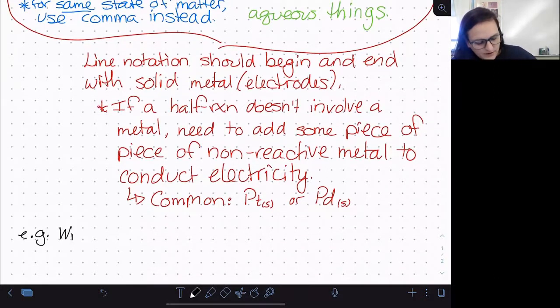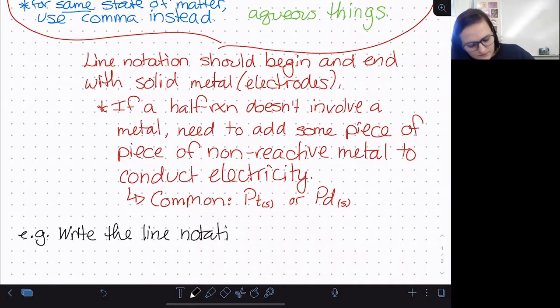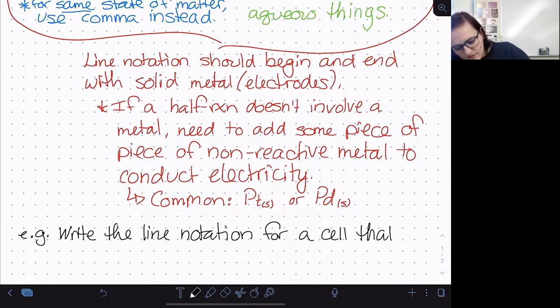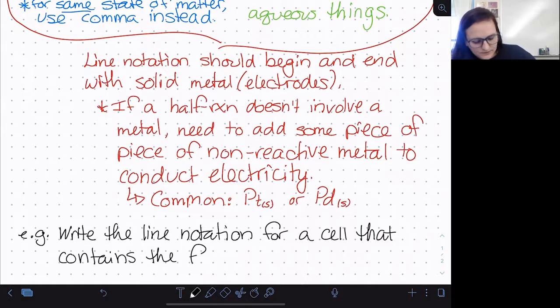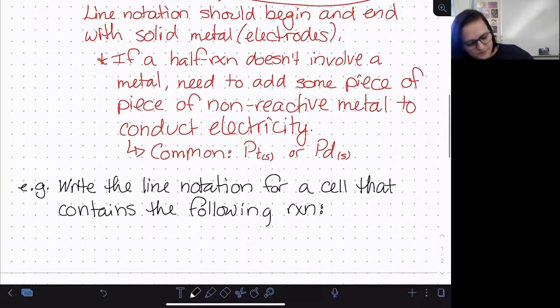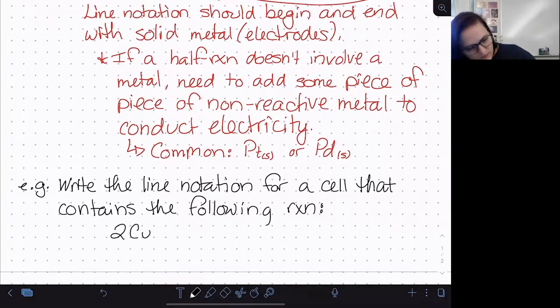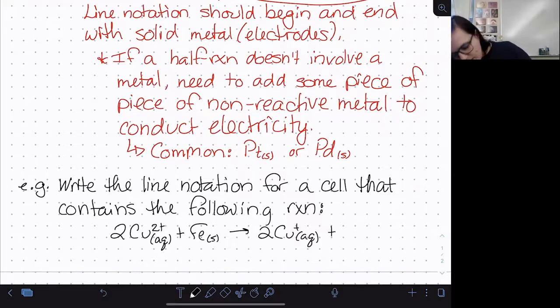I would like you to write the line notation for a cell that contains the following reaction: 2 Cu2+ plus solid Fe forms 2 Cu+ and 1 Fe2+.